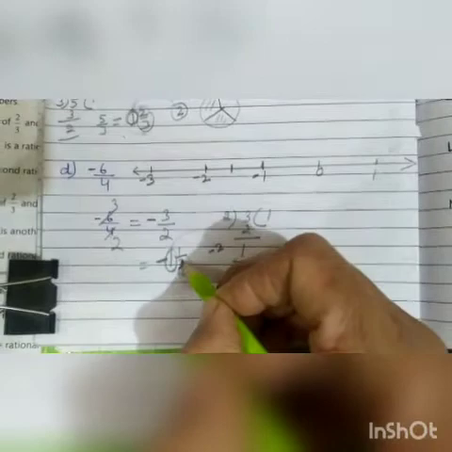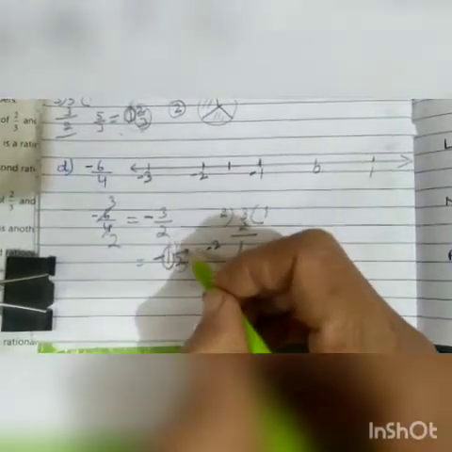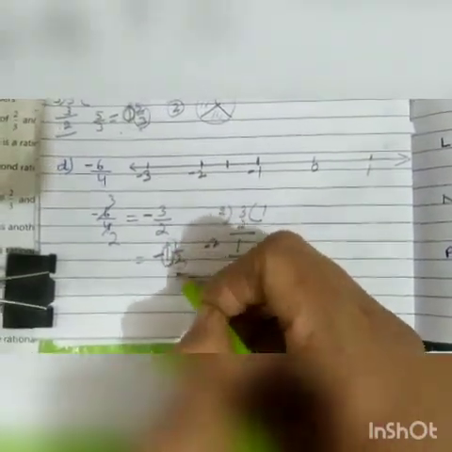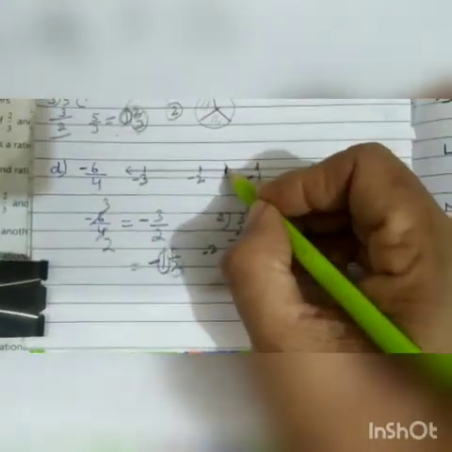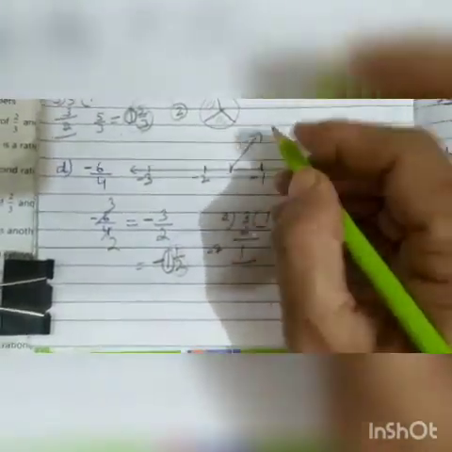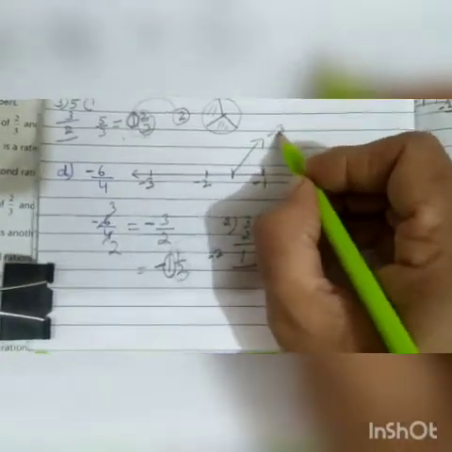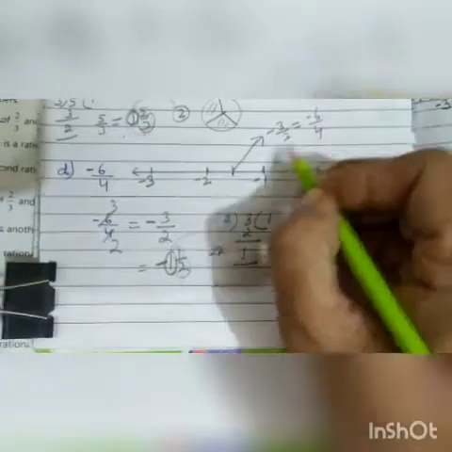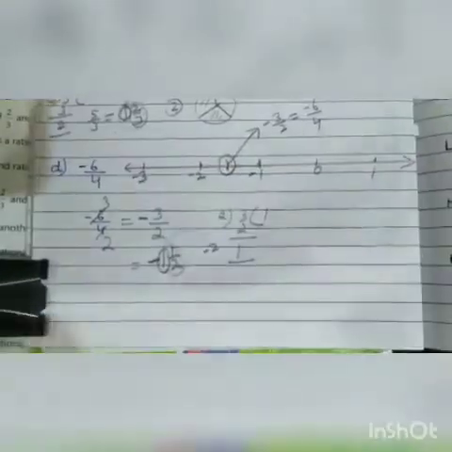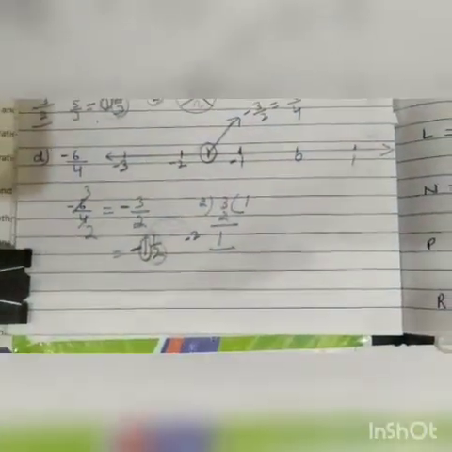Out of 2 parts we have to take 1 part, meaning half. So half of this distance is this one. It means this point is minus 3 upon 2, or we can say minus 6 upon 4. Clear?